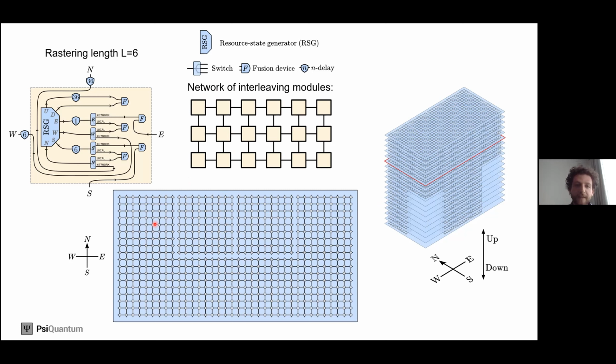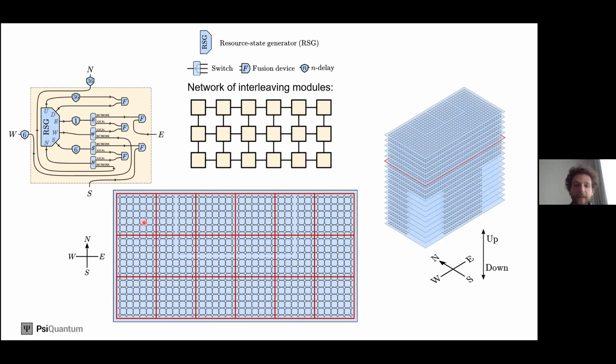First step is to divide this layer into squares of size L by L, in this case, 6 by 6. Each square will be handled by one of these interleaving modules, meaning that all resource states contained within one square will be produced by one module. Of course, a module only produces one resource state at a time, so we must also specify the order in which they're generated.